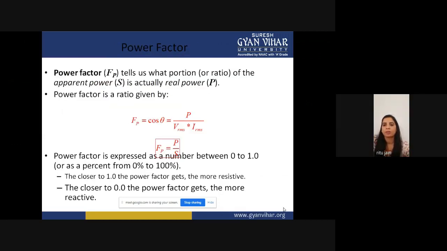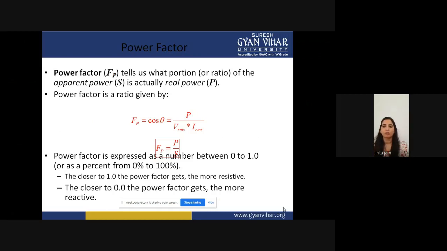So what is power factor? Power factor tells us what portion of the apparent power is actually real power. So power factor is a ratio which is given by Fp is equal to cos theta, which is equal to P upon V RMS into I RMS, and power factor is equal to P upon S. Where P is your active power, which is divided by voltage into current.